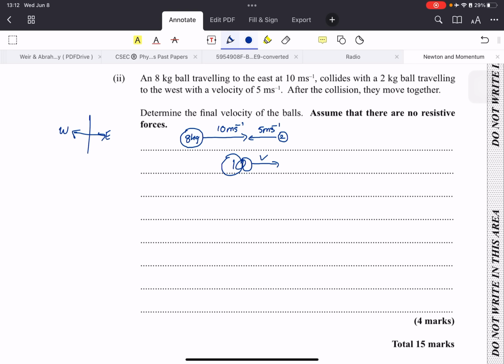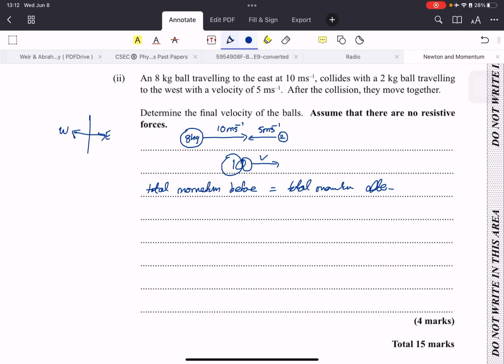So the law of conservation of momentum states that the total momentum before, so I could write that, is equal to the total momentum after. So the total momentum before, we'll have to do them separately, right? So the big ball and the smaller ball.